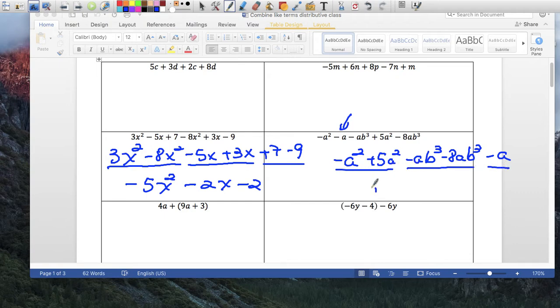I know it's going to be a squared, and there's a 1 here, so that's negative 1 plus 5. Negative 1 plus 5 is going to be 4. Here is negative 1ab cubed minus 8ab cubed, so think of it as negative 1 minus 8, or negative 1 plus negative 8. That's going to give us negative 9ab cubed minus a. Okay.